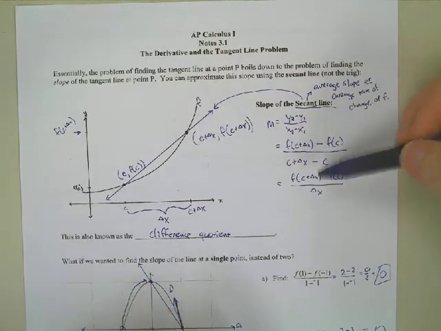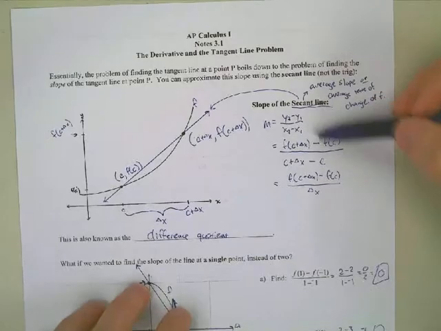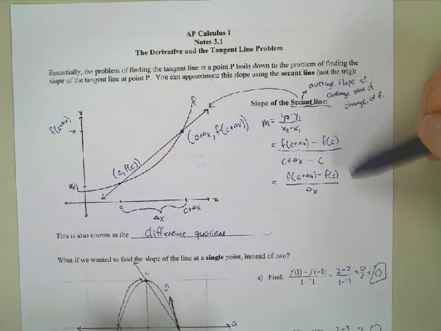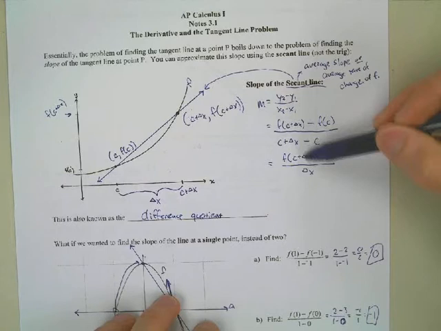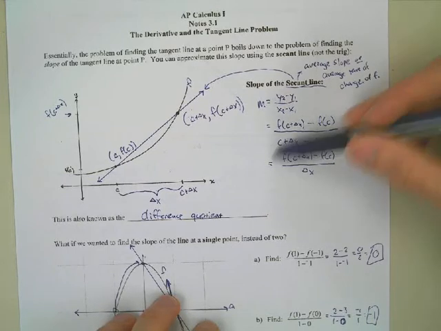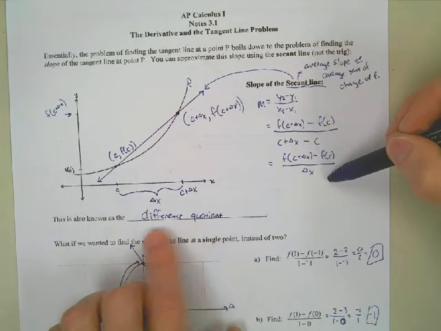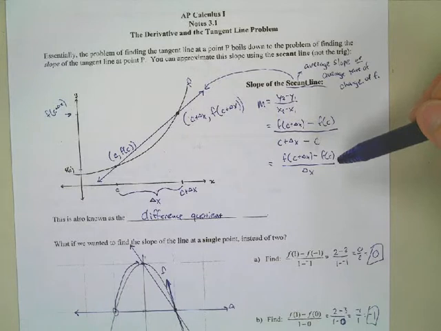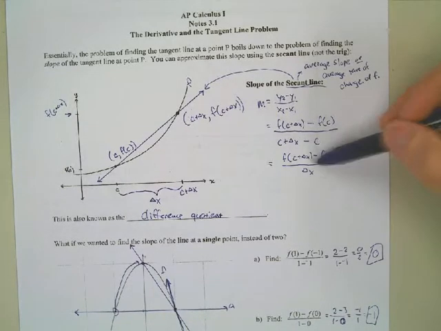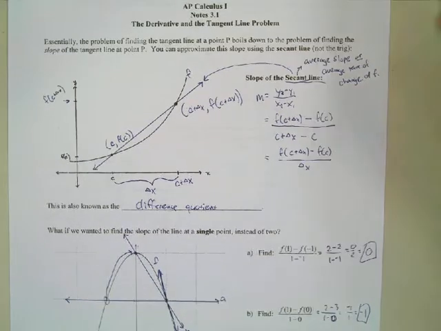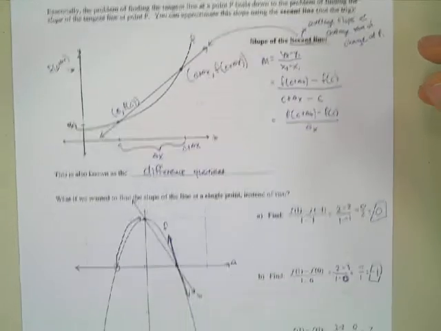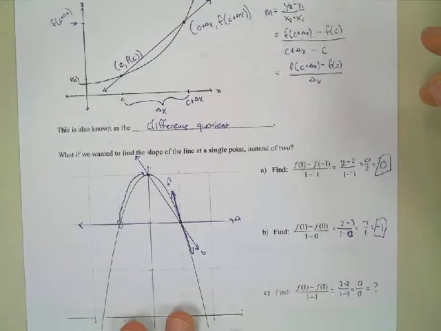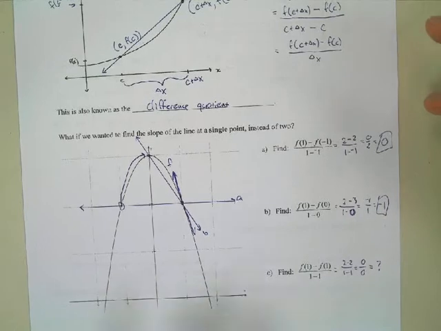When we plug those points into our slope formula, some slight simplification yields something very familiar to us: f of c plus delta x minus f of c, all over delta x, right? That's that difference quotient. Difference because there's subtraction, but quotient because there's also division. Not that profound. Mathematicians are not very creative sometimes in their naming. It's like, subtraction and division, let's call it difference quotient, okay?